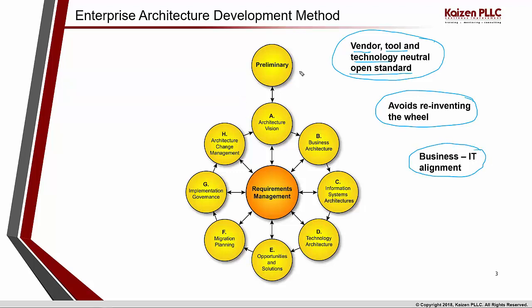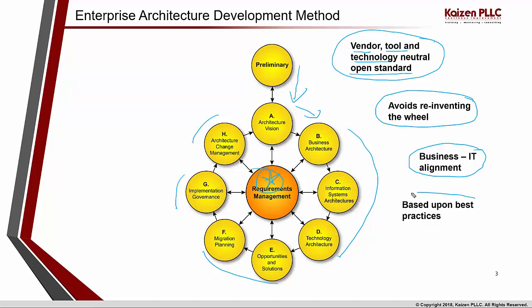From the beginning, later you will see, from the preliminary phase to architecture vision and the domains, as well as the planning phases, implementation phases, and change management, you should be able to trace from scope, from business requirements to IT and vice versa, based upon best practices.